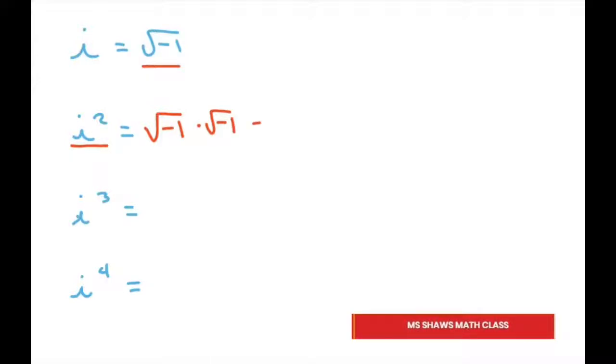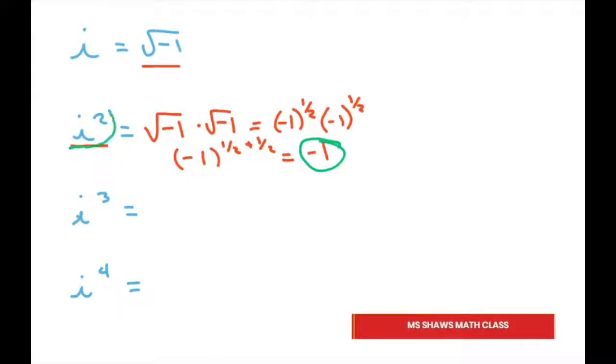And we could also write this as -1 to the 1/2, instead of the radical way, write it as the rational way. And when you do your exponents, you get -1 to the 1/2 plus 1/2, which is -1 to the 1, which is just -1. So i squared is -1. This is an important one.